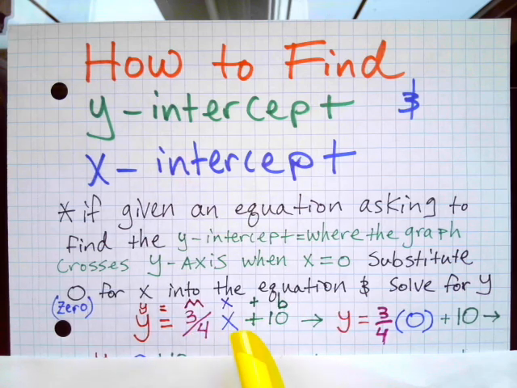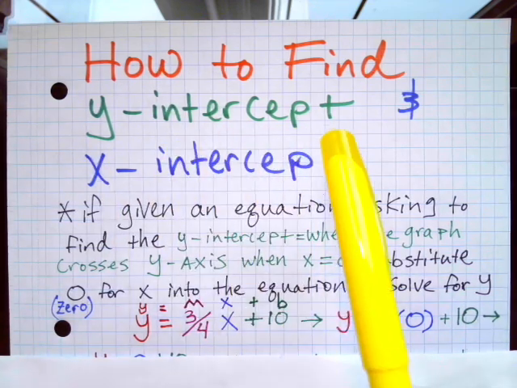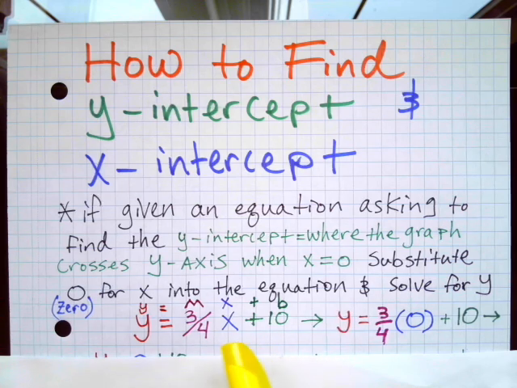X is the x value, and guess what? The b value will always, always, always be your y-intercept. So plus 10 is going to be your y-intercept. And if you don't understand that, I'm also going to show you how to find your y-intercept by substituting 0 for x.